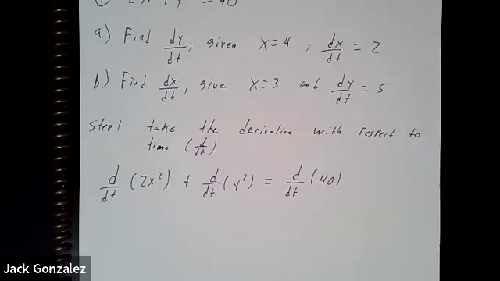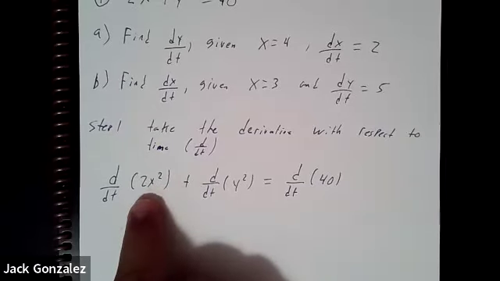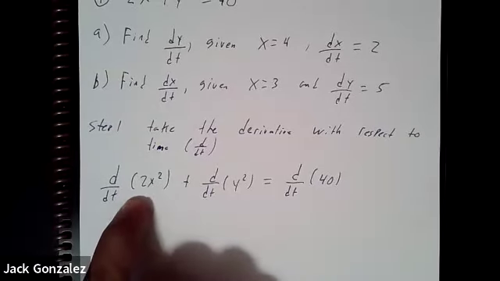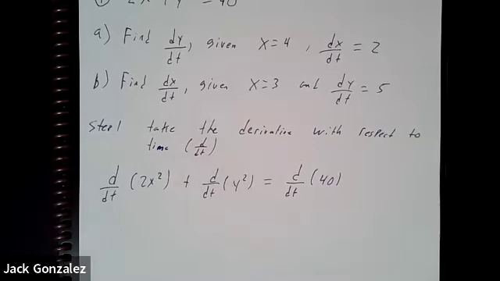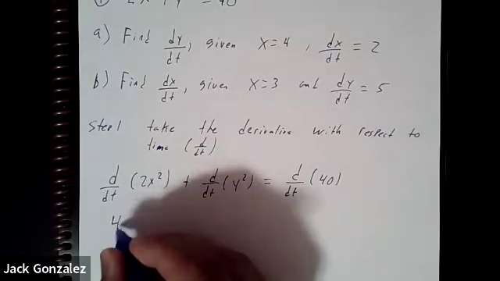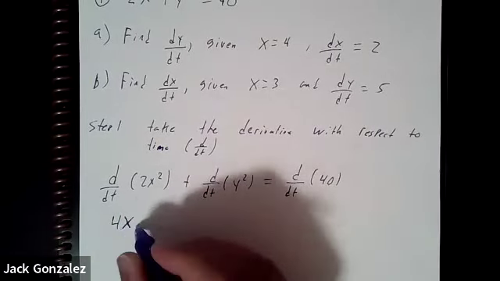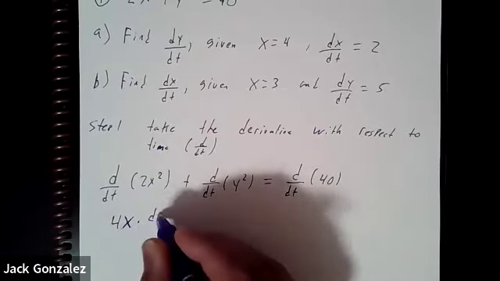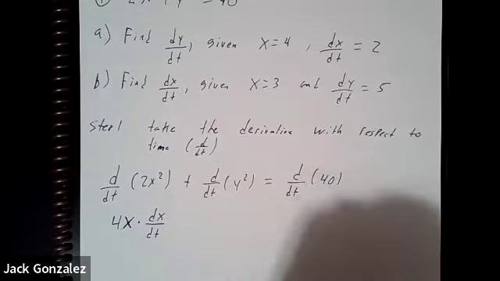2x. That's pretty close. The 2 is going to come down, right? But what about the implicit part? Because it no longer matches, right? So last time we said you would take the implicit part and add the dx/dt.